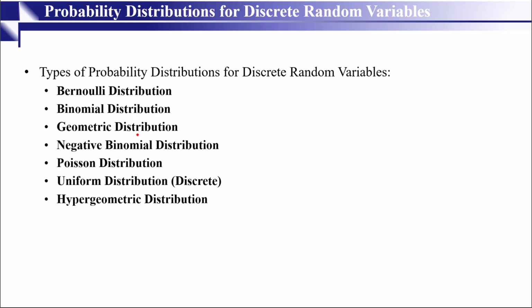The geometric distribution, trials until the first success. The negative binomial, trials until r successes. The Poisson distribution, events in time or space. The uniform distribution, with equal chances for all outcomes. And the hypergeometric, sampling without replacement. In the next lectures, we will study them one by one.